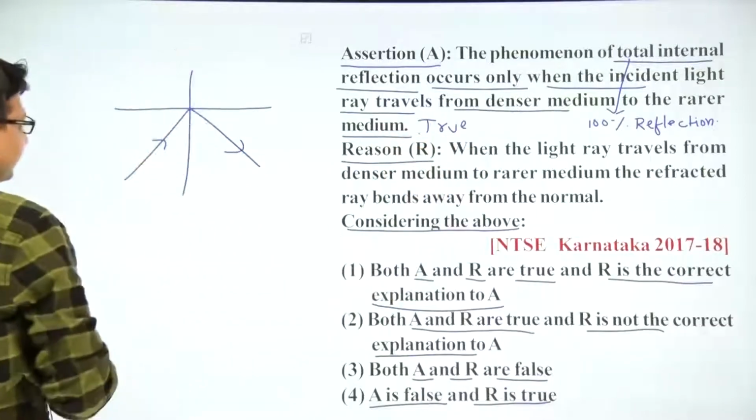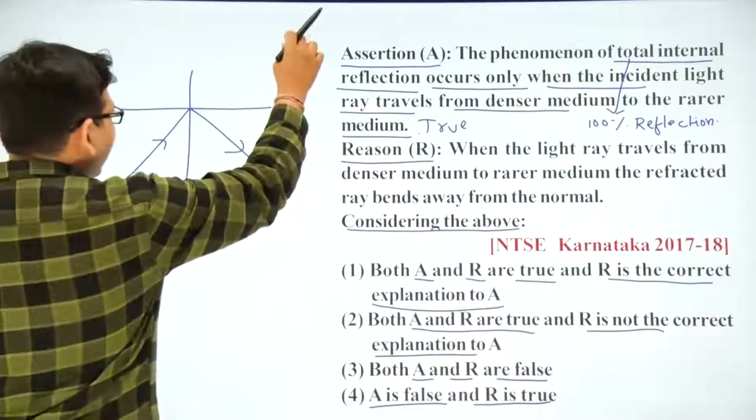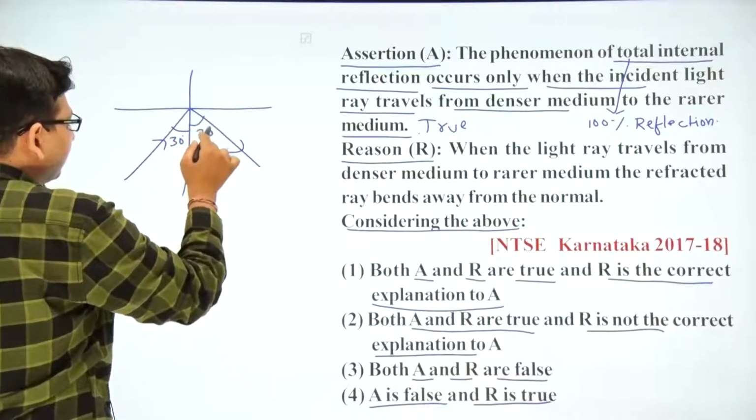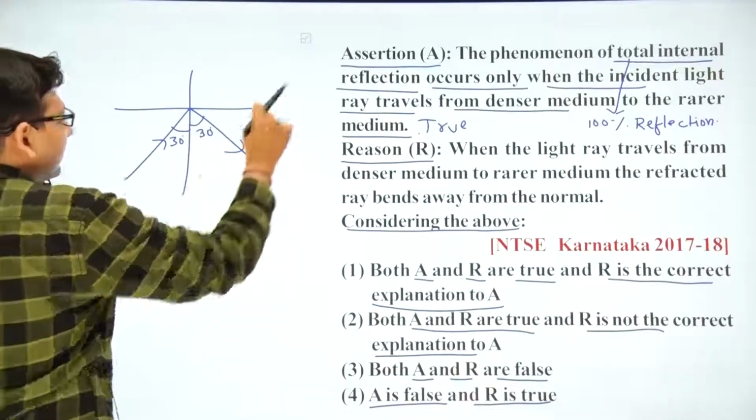Let us see how. Suppose we draw another ray. Suppose this angle is 30 degrees and 30 degrees.